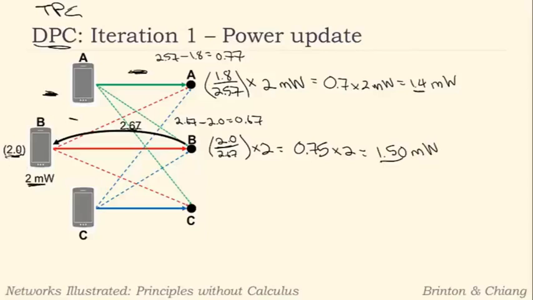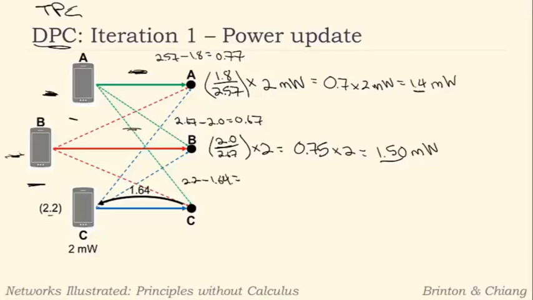Now we'll move on to C, and C is going to feed back this 1.64 and look at it relative to the 2.2. Now we're in the exact opposite situation to what we were before. The SIR is too low, so the power level needs to go up. It's too low by 2.2 minus 1.64, which is 0.56.